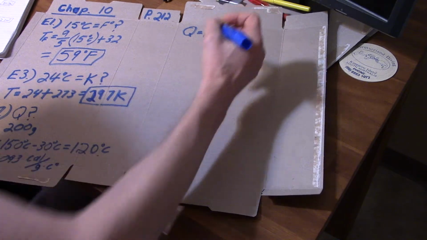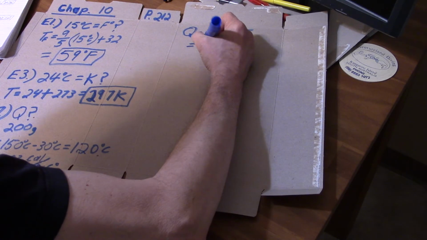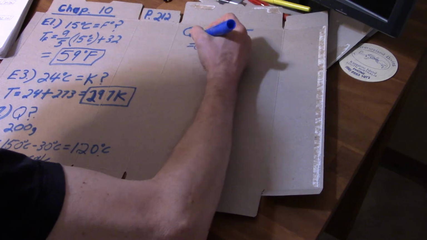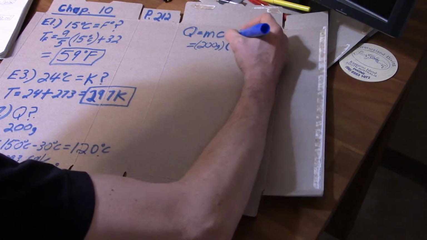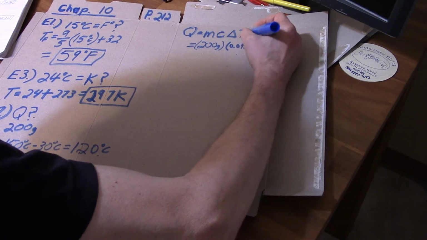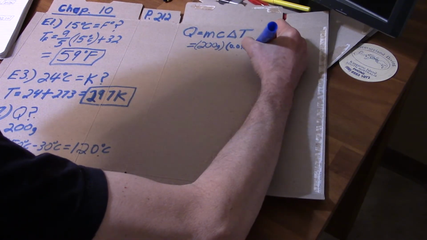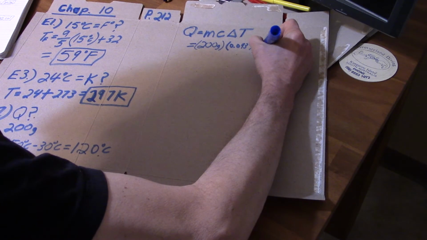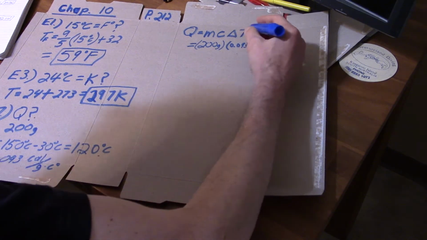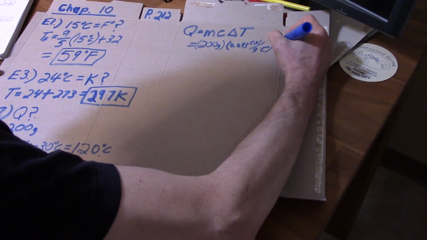Capital T for temperature. So that's going to equal 200 grams times 0.093 calories per gram degrees C times our change in temperature, which we just figured out was 120 degrees C.